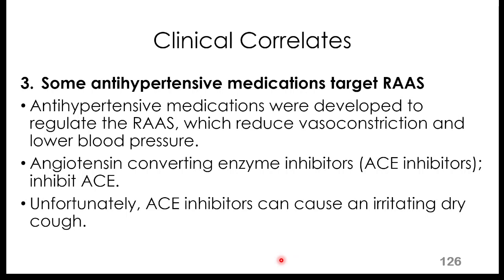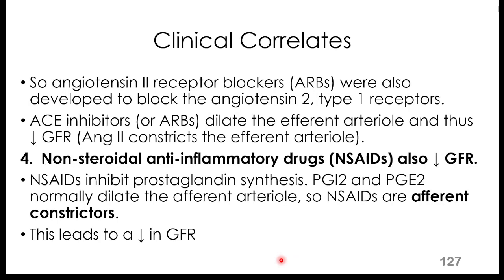It was found out that the angiotensin converting enzyme inhibitors can cause an irritating dry cough, and so ARBs were developed, angiotensin 2 receptor blockers, which block the angiotensin 2 type 1 receptors. All right. So the ACE inhibitors dilate the efferent arteriole.